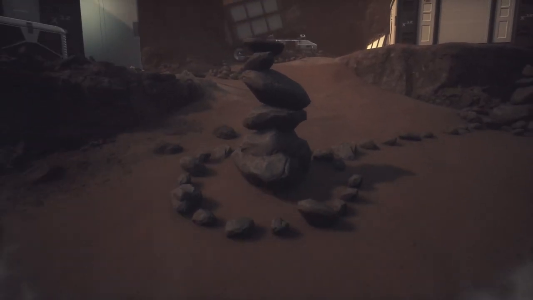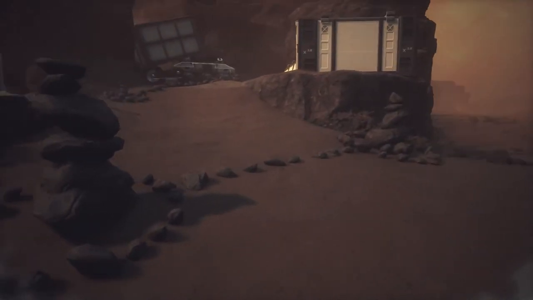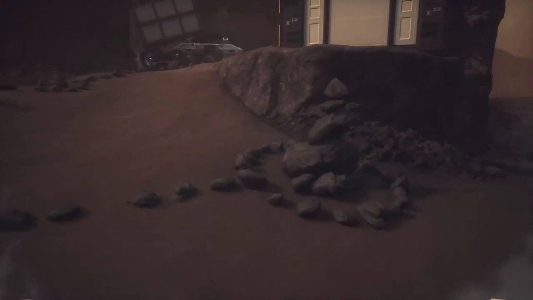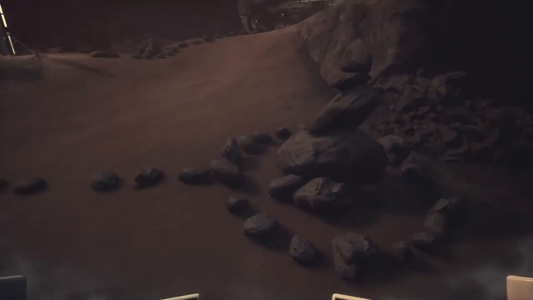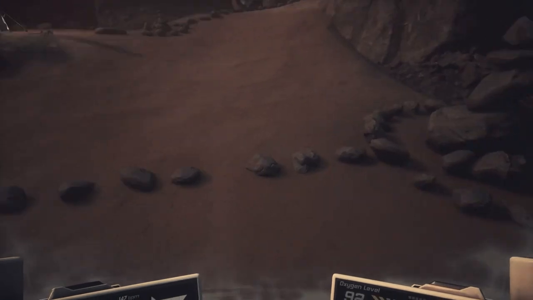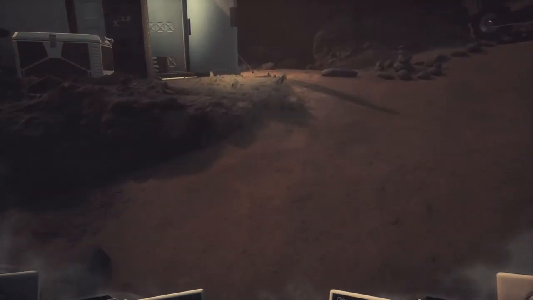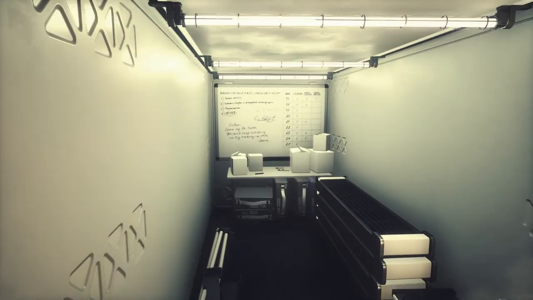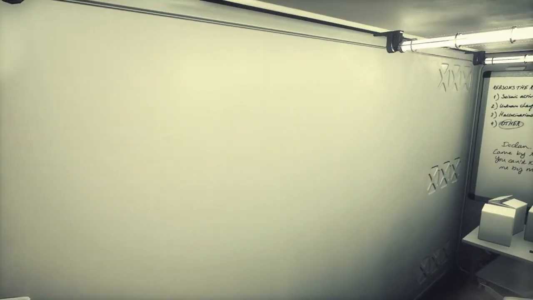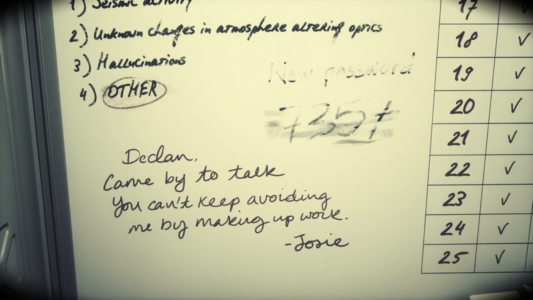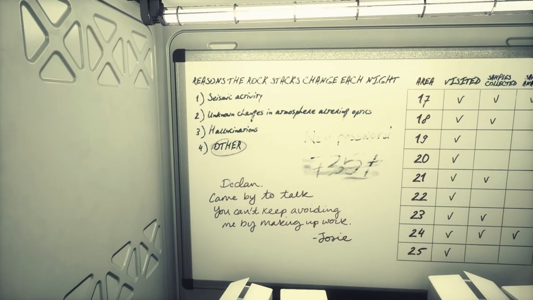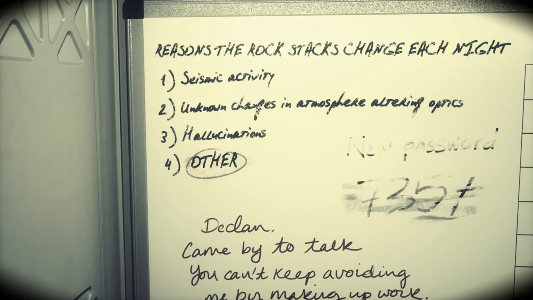It's like a rock cairn. There are two of them. So, does this represent the moons or something being linked together? Yeah, there is this: 7357, new password. I've read that already about reading the rock stack.